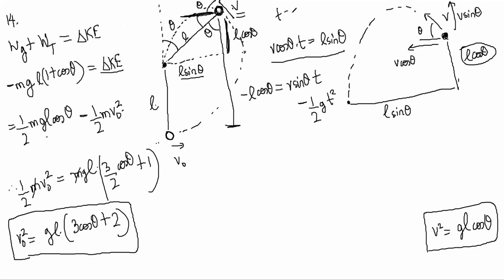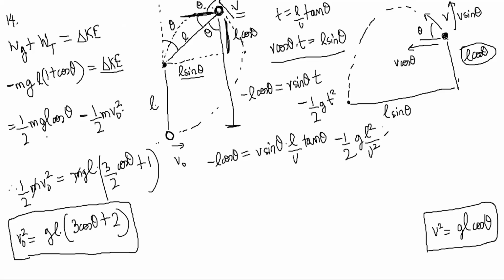T is equal to L by v tan theta. So I get minus L cos theta is equal to v sine theta into L by v tan theta minus half g t square. T square is L square by v square tan square theta.